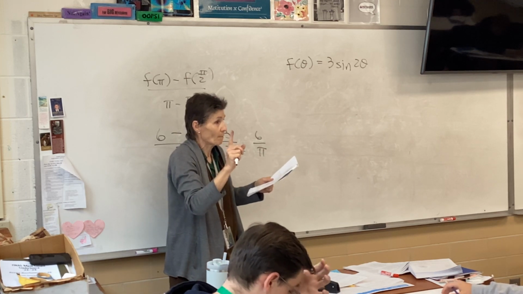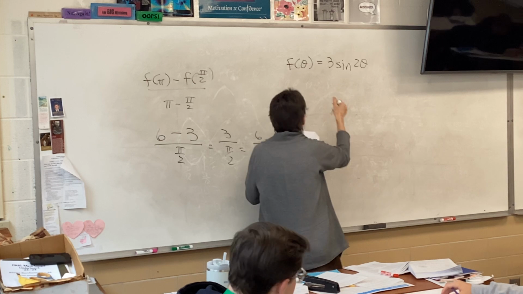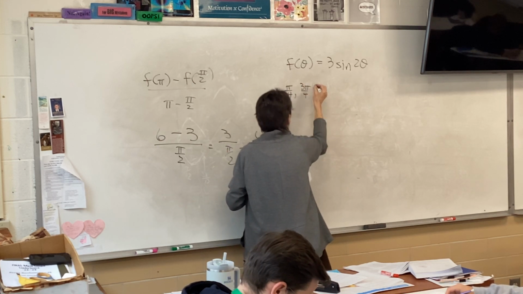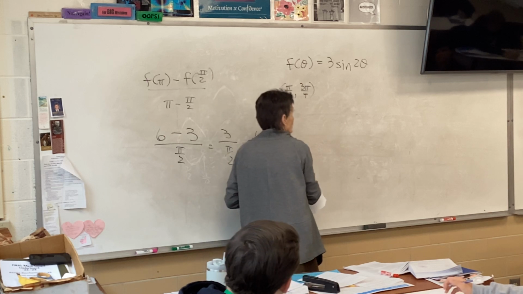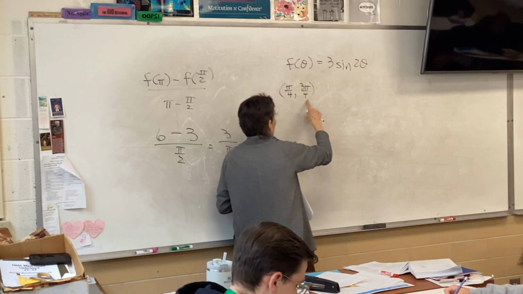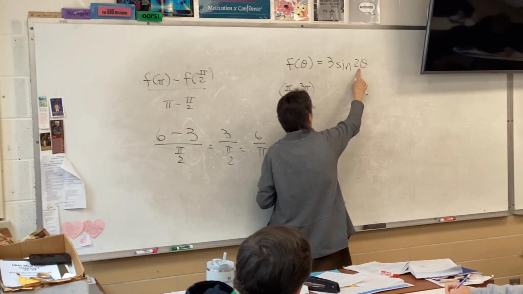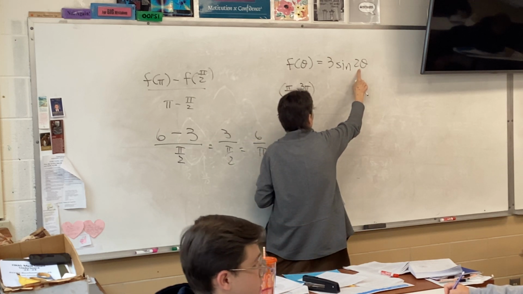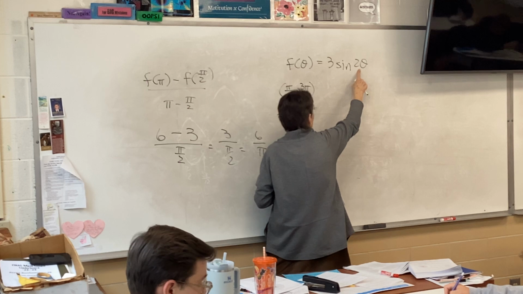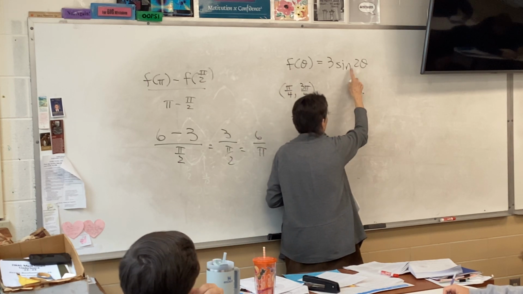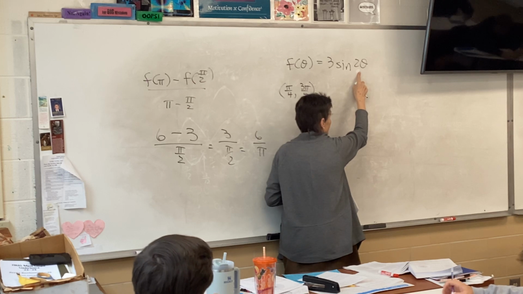So that would be one option. So if our interval is pi over 4 to 3 pi over 4, what will our rate of change be? Well, we start with this one. So if you put in 3 pi over 4, you get 3 pi over 2. What's the sine of 3 pi over 2?